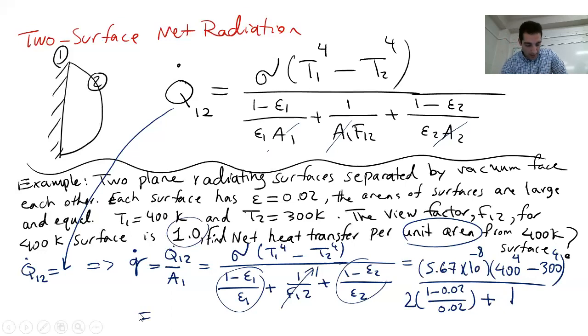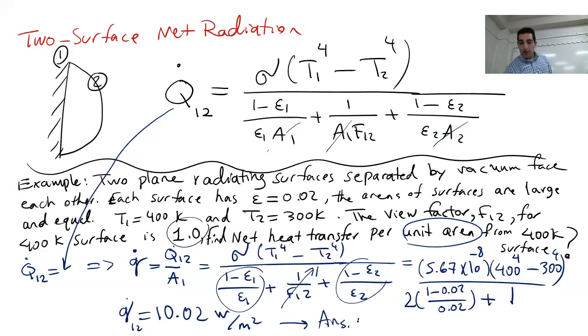If you do this, your Q12 would be 10.02 watts per meter squared. And in the multiple choice, I have 4, 6, 8, 10, so I will pick answer D, which is 10, which is close to this.